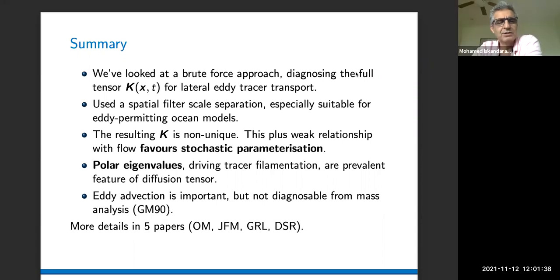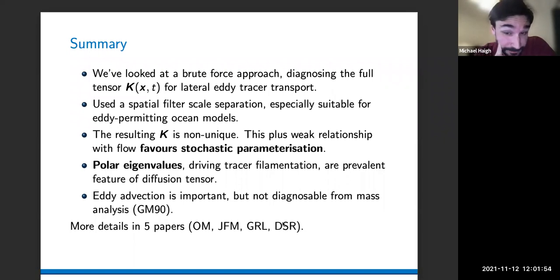I have a little question. Did you do all your experiments with a filter width of 31 grid points? No. So in this DSR paper, we've looked at, I think, 3 or 4 different filter sizes. We also looked at eddies which are defined using the more classical time mean and deviation approach, and found that all of the conclusions which I highlighted today were insensitive to the choices of either the spatial filter size or the use of a spatial filter over a Reynolds decomposition.